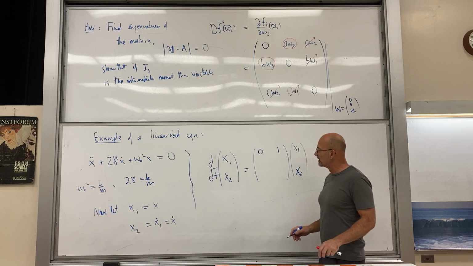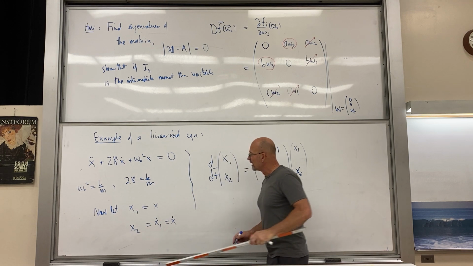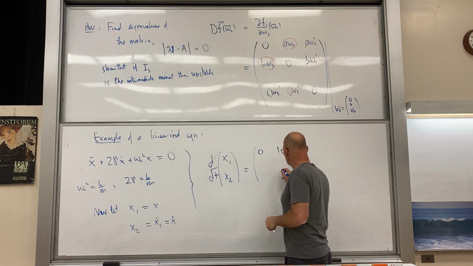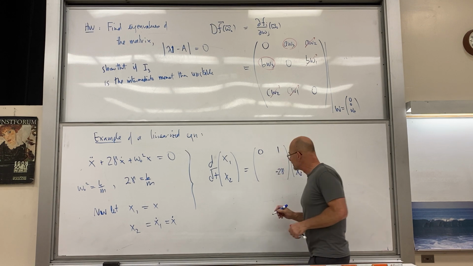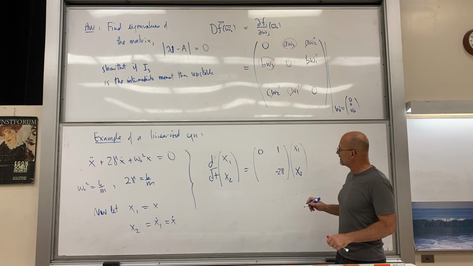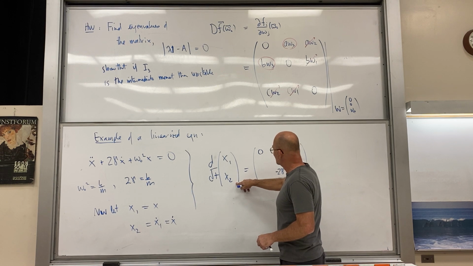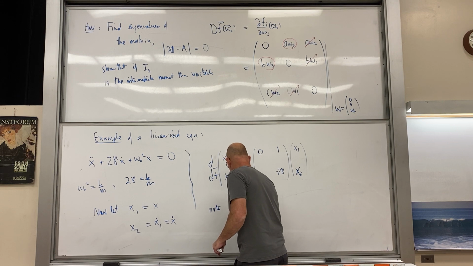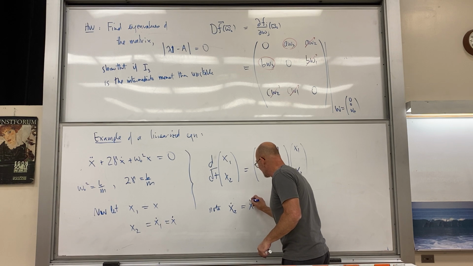Now the second row, we have, because of this 2 gamma x dot, our x2 is going to be multiplied by a minus 2 gamma. So let's go ahead and write this out. x2 dot is equal to x double dot.